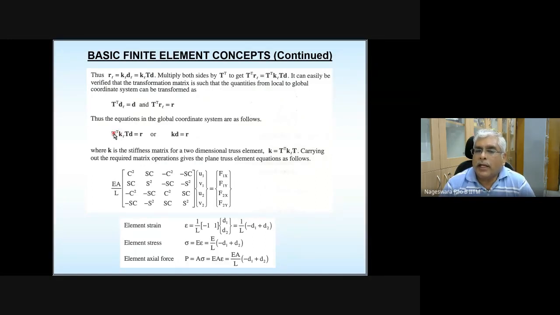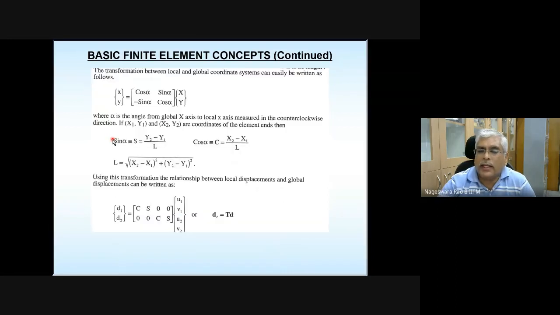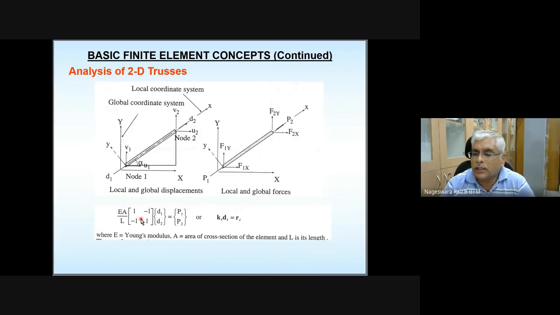T here is 2 rows, 4 columns. T transpose is going to be 4 rows, 2 columns. KL is a 2 by 2 matrix, and T is 2 by 4.